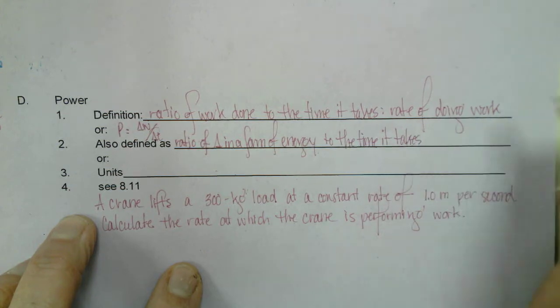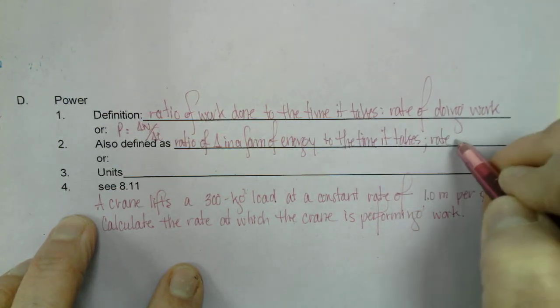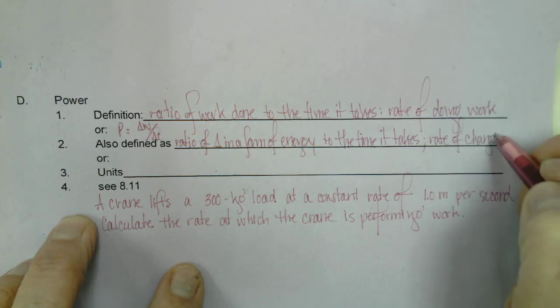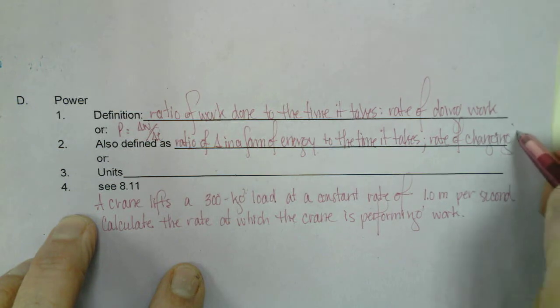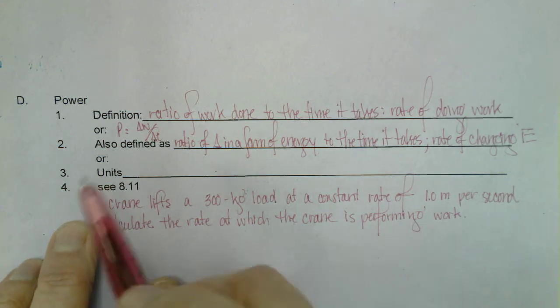And you can say the same thing as we did here. It is also the rate of changing energy, changing the amount of energy. Not changing energy from one form to another, the rate of changing the amount of energy.